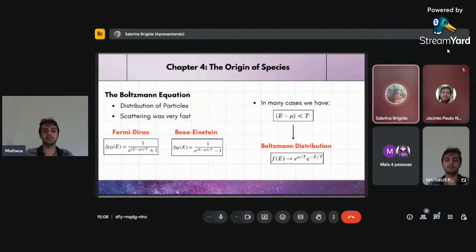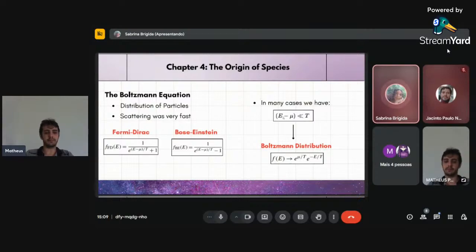This distribution here will depend on the energy, the chemical potential, and the temperature, and this distribution here will depend on the energy, chemical potential, and temperature too. In many cases, we are interested in situations where the temperature is much smaller than the particle energy minus the chemical potential.